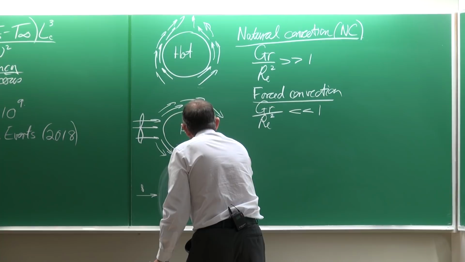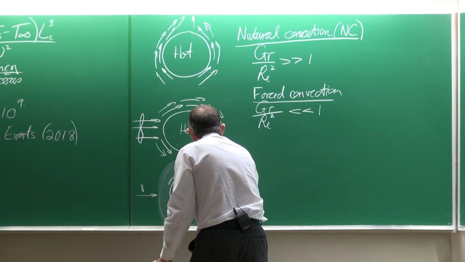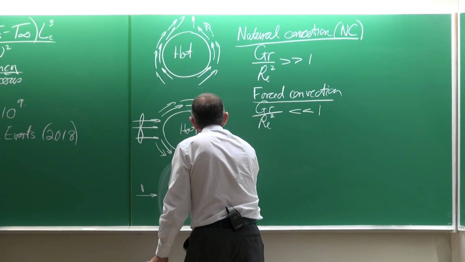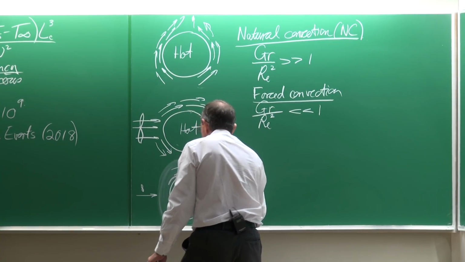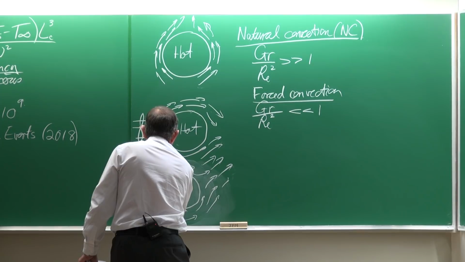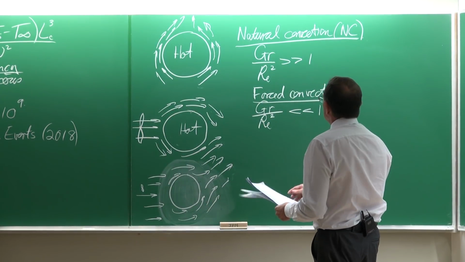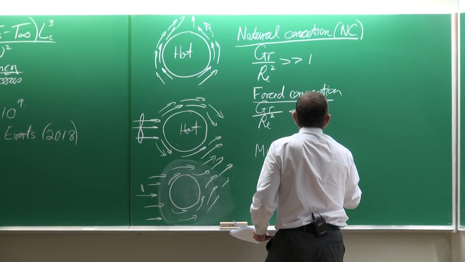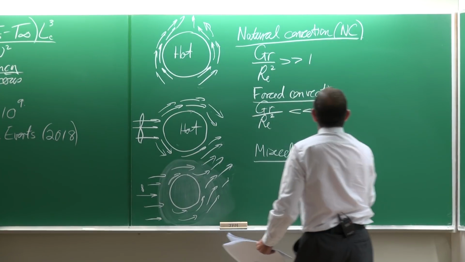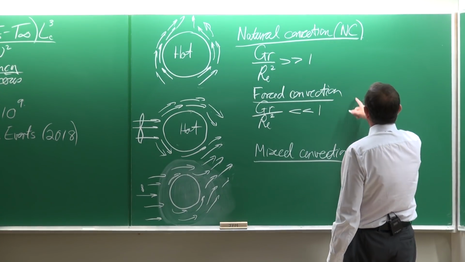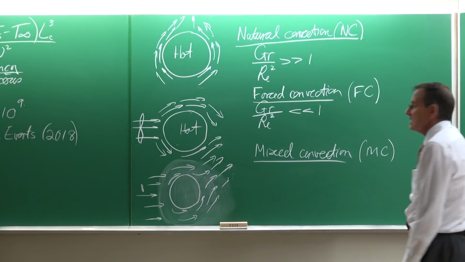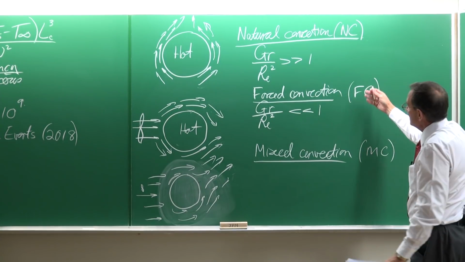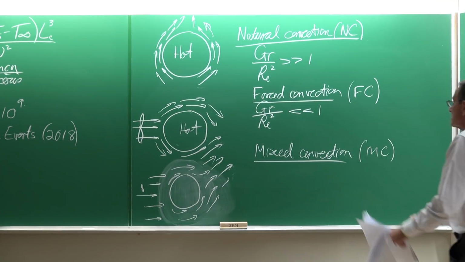What's now going to happen is the flow is going to do something like that. And this is called mixed convection, or MC for mixed convection, and FC for forced convection. I'm going to use that a few times: NC for natural convection, FC for forced convection, and MC for mixed convection.